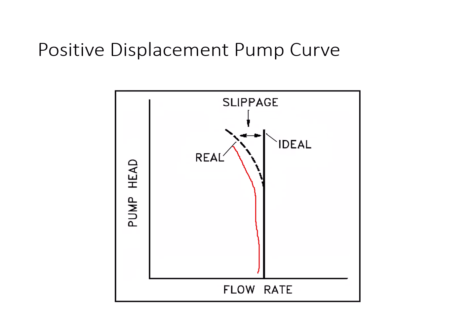which is due to some internal leakage, especially at high pressure. Leakage happens through the gasket of the piston, or through any clearance between the piston and the cylinder.